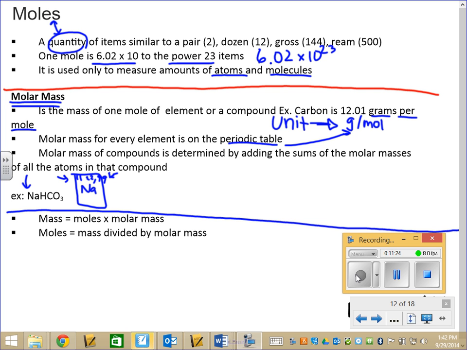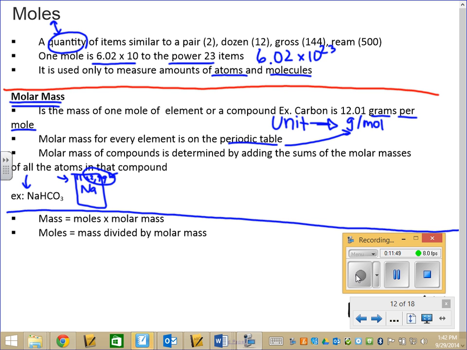For example, in the example we're going to do down here, sodium is the first one. If I look in sodium's box on the periodic table, there's Na in the middle, there's an 11 on the top left corner, and 22.99 on the top right corner. It's this number, top right corner, that we're looking at. Now, if I ask you what's the molar mass of an element, that's pretty easy.